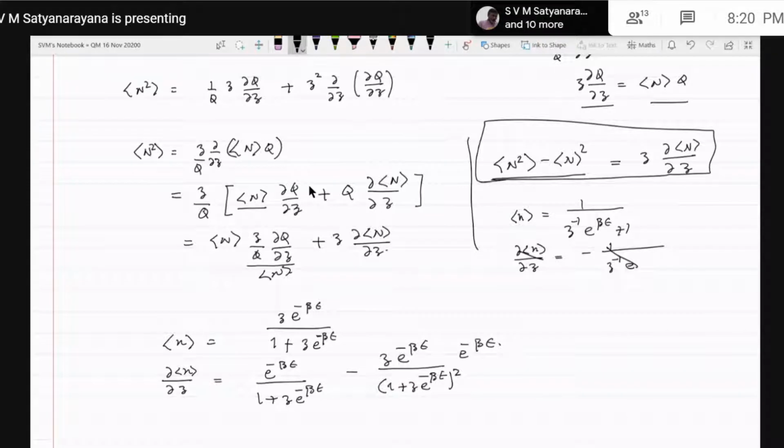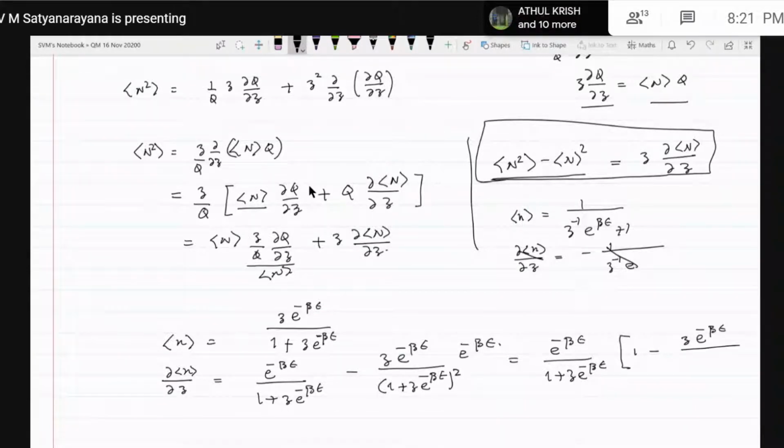So I can write this as e to the minus beta epsilon divided by 1 plus z into e to the minus beta epsilon, times 1 minus z into e to the minus beta epsilon divided by 1 plus z into e to the minus beta epsilon. Okay, so I have taken this out.